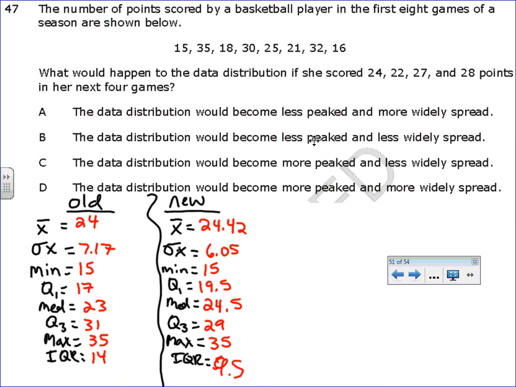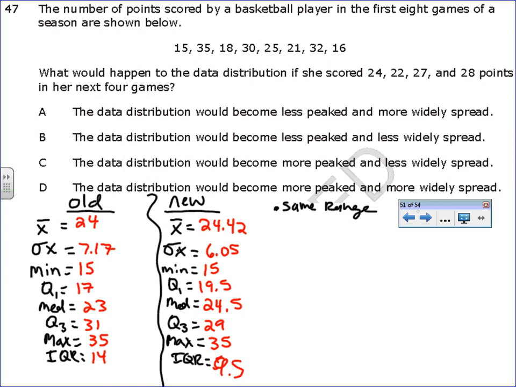There we go. And the only other thing that I did was I wrote down that they both have the same range. So max minus min, same range. The next thing I did too, which you didn't have to do, is once I got the data, I went and graphed it.